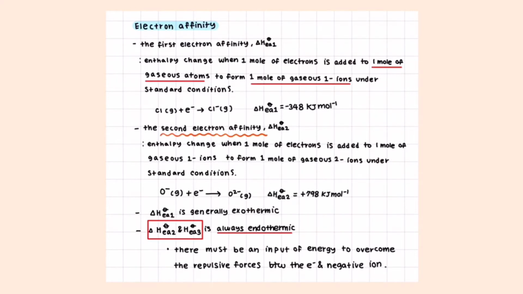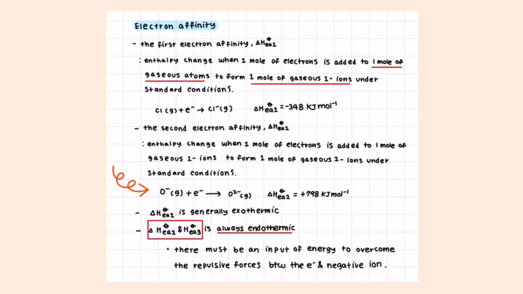The second electron affinity is the enthalpy change when 1 mole of electrons is added to 1 mole of gaseous 1- ions to form 1 mole of gaseous 2- ions under standard conditions.